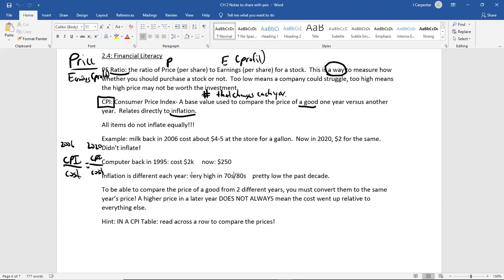I want you all to hold up, or at least imagine yourself holding up, a $1 bill, and inflation is you cutting off a small portion of that bill, so now it's only worth 98 or 97 cents. Or if you're talking about the 70s and 80s, when inflation was 10 to 15% every year, that means you're cutting off a dime to 15 cents of that dollar.